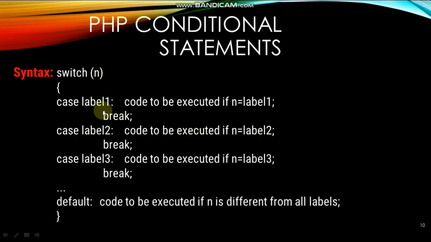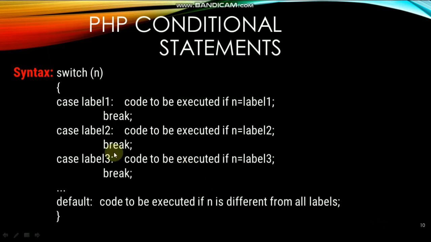So as of now you just understand, if my n value is getting true in the first case itself or in the first label itself, the code will be executed here. So what else is inside the echo statement will be executed, and then if it sees a break it will go out of the switch statement, or rest of these labels and all will never be executed.